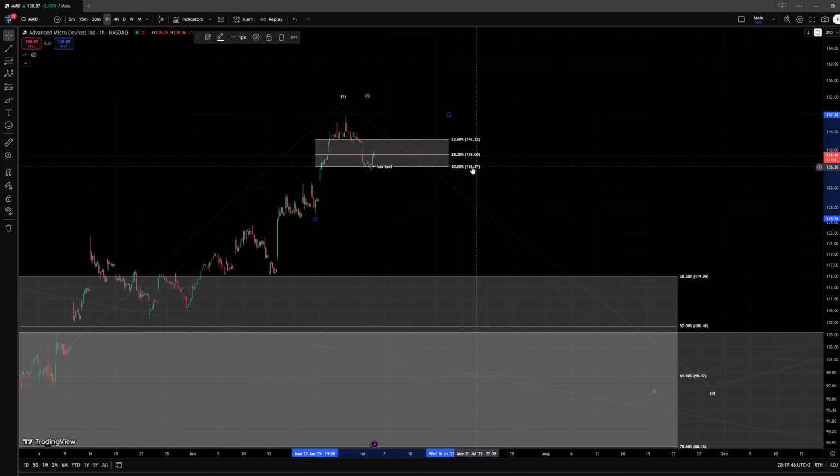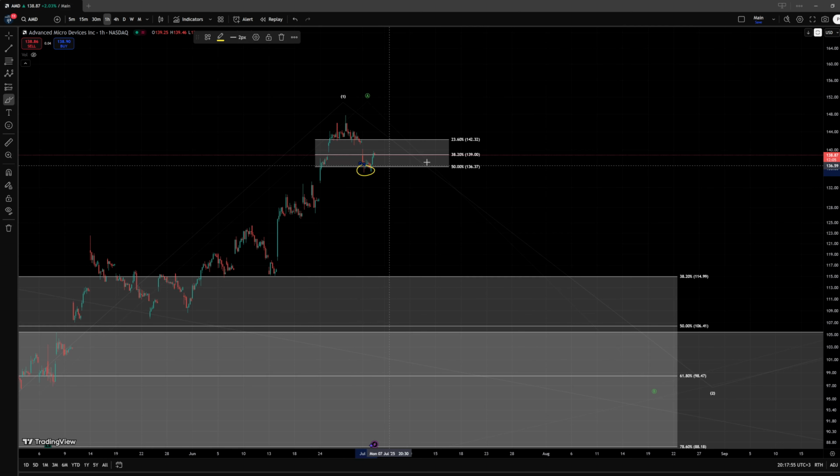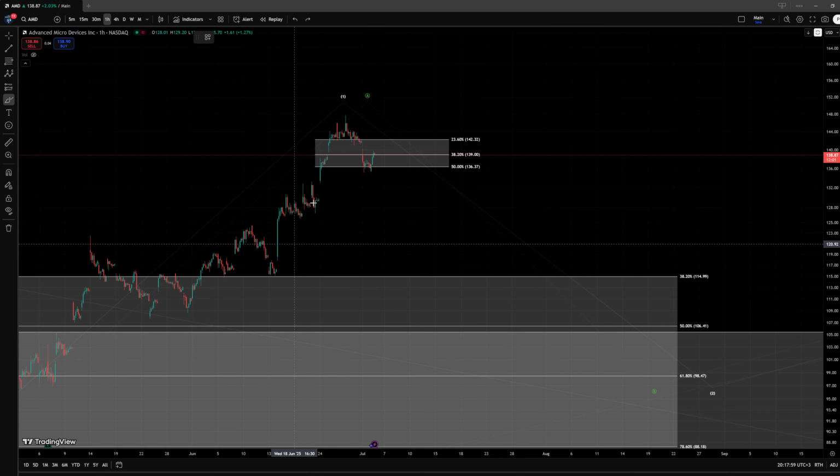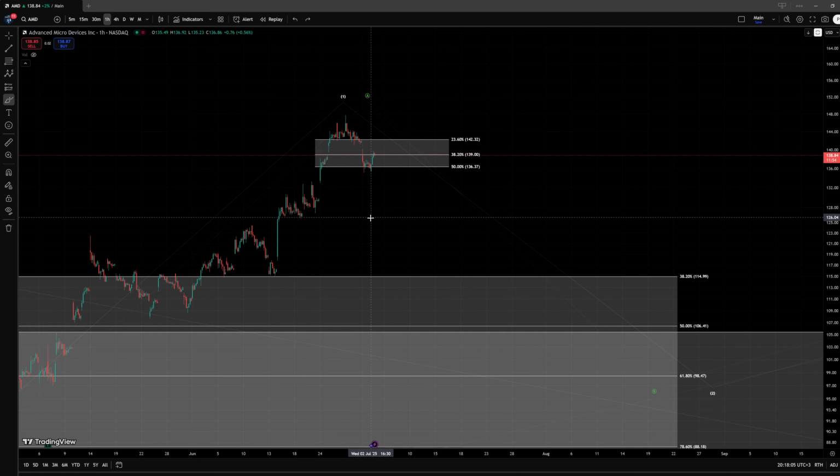We actually maxed out the support zone and we did go below the 50% retracement a couple of times. I wouldn't say this completely invalidates the scenario that we did finish a wave 3 here, so in 1, 2, 3, 4, 5, we could still go higher based on that count.